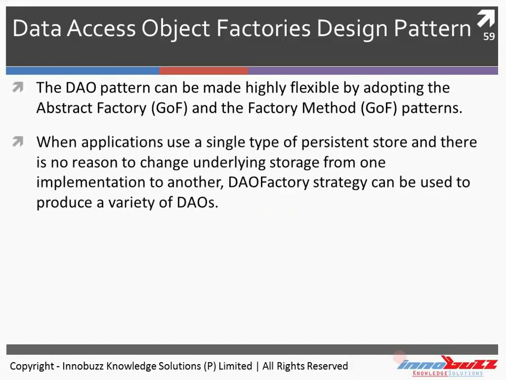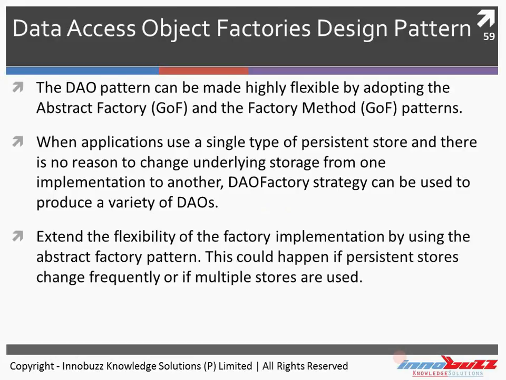When an application uses a single type of persistent store and there is no reason to change the underlying storage from one implementation to another, the data access object factory method strategy can be used to provide a variety of data access objects. Extend the flexibility of the factory implementation by using the abstract factory pattern.